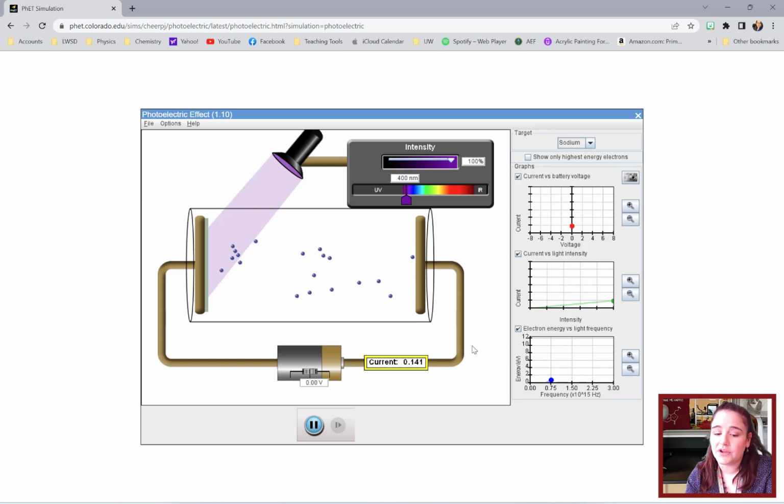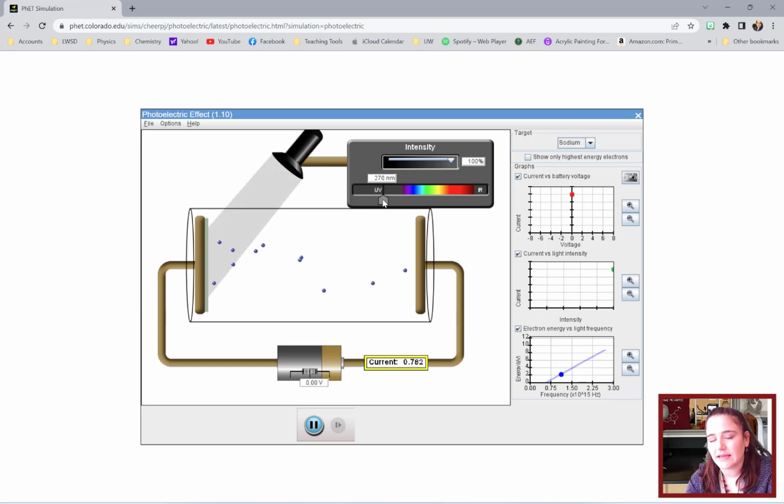Now, what they figured out was that the energy of the emitted electrons, that graph is right here, is only related to the frequency of the light. So if I up this frequency here, we can see how that energy goes up. We can see those electrons moving faster when I up the frequency.